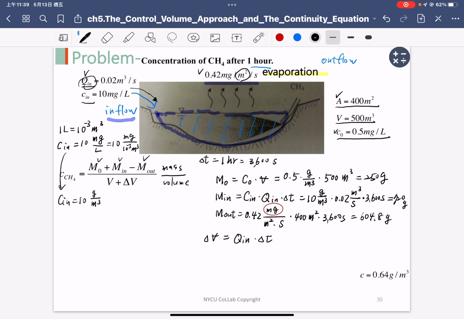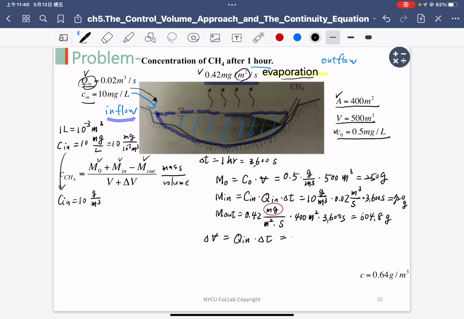The secondary volume change is caused by the evaporation, but its contribution is quite small compared to the inflow, so here we neglect the volume change caused by the evaporation. We just directly calculate the delta V caused by the inflow.